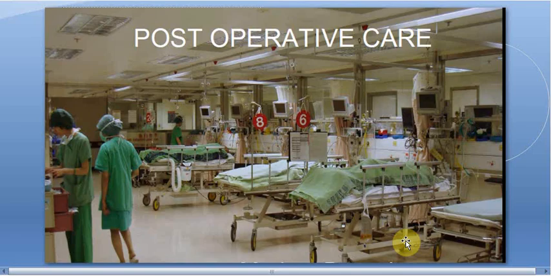After the surgery, which is usually conducted in the OT, the operation theatre, or what we call the operating room, the patient will be shifted to the post-operative ward, or the recovery room. Sometimes it is also called the post-anesthesia care unit. This is just a small image of the PACU, that is, the post anesthesia care unit.